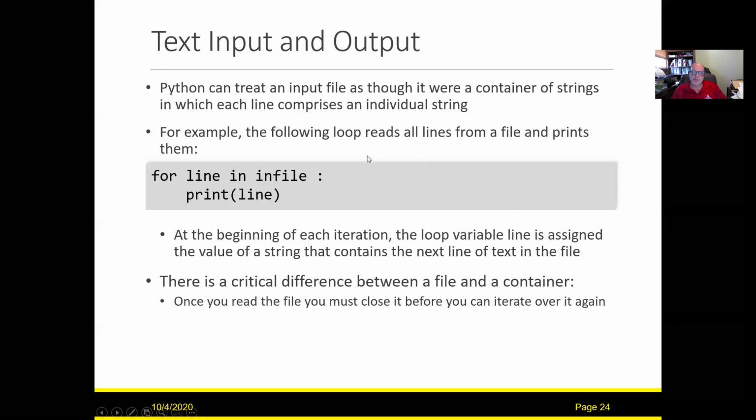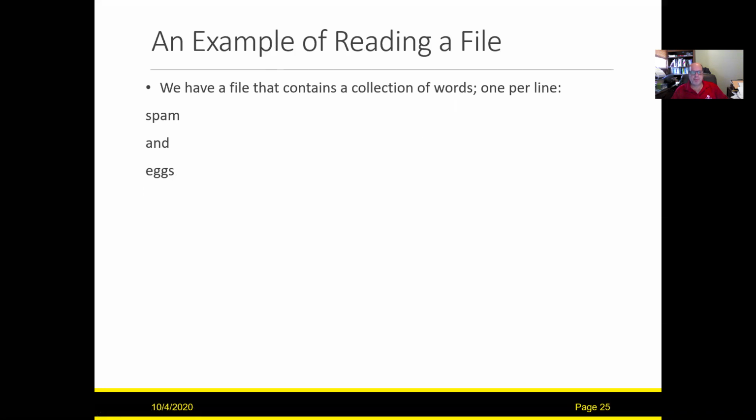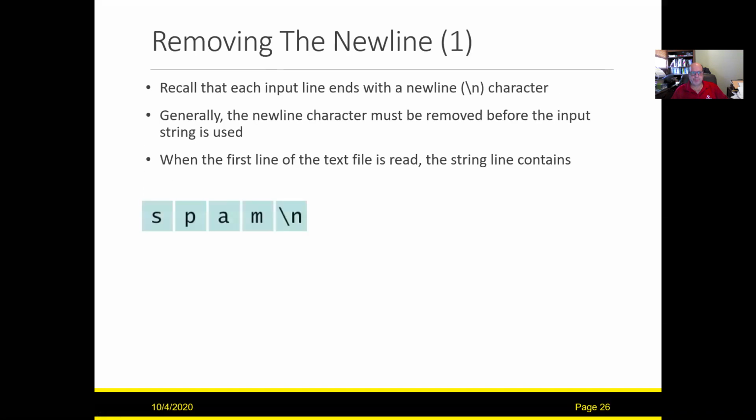So one way of doing it is we can do the for loop. We can say for line in file, and it's going to get every line, and we can process it. That's one way of doing it. Okay, so when we're reading a line, it's going to have a \n at the end of it. So we need to get rid of it.